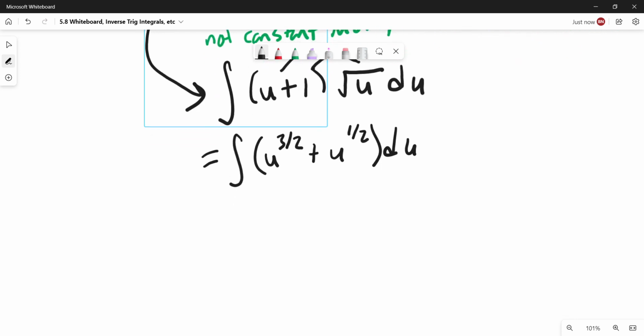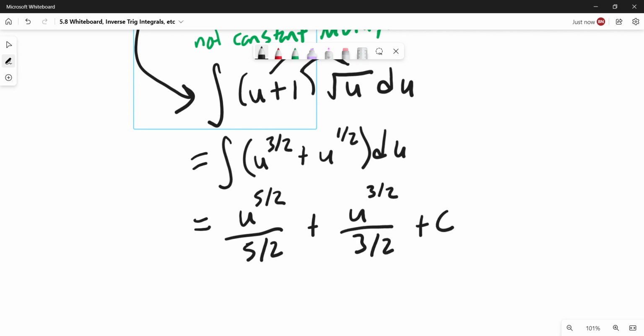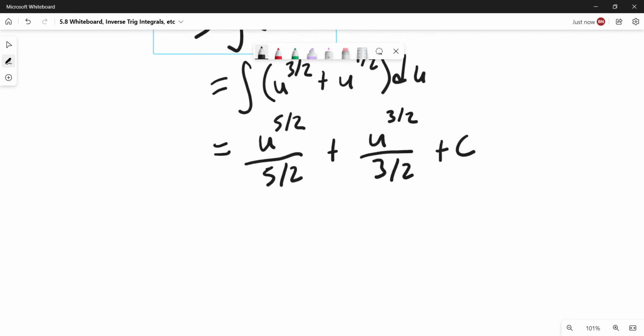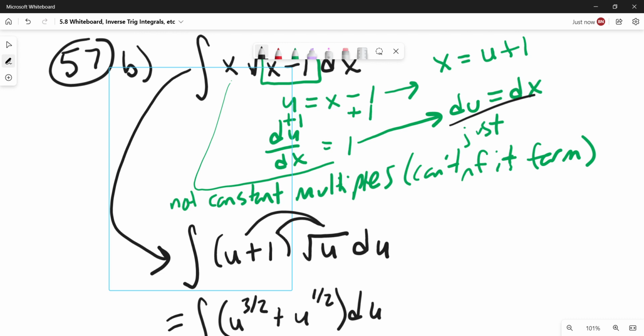Remember, we can go ahead and do the integral, but then we're going to plug back in x at the end. So u to the 3/2 goes to u to the 5/2 over 5/2 plus u to the 3/2 over 3/2 plus c. But then we got to plug back in u. Our u was x minus 1.